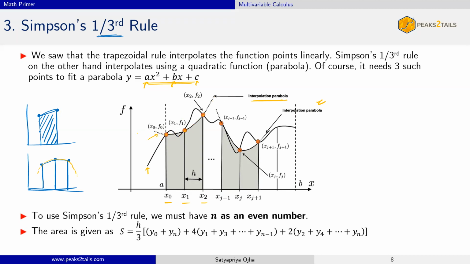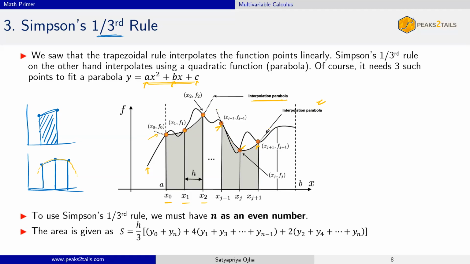It passes smoothly through the 3 points. And then here is another side. So these are the 3 points. This is the true function, but the dotted one that has been fitted is the parabola. So it's a quadratic interpolation scheme. Simpson's one-third rule uses a quadratic interpolation.